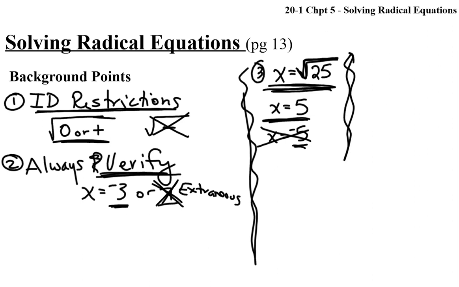This is different than having a situation where we have x squared equals 25. Here, the square root, the radical, was already there. Here, we're solving. What do we have to do to get x by itself? Well, in this case, we have to square root both sides.